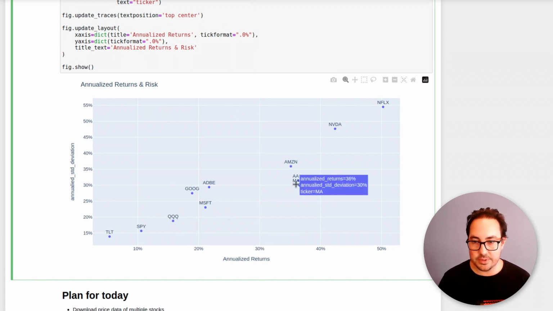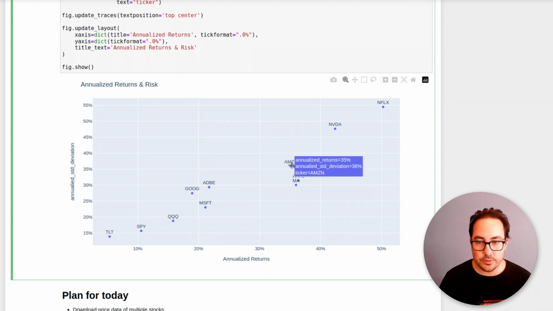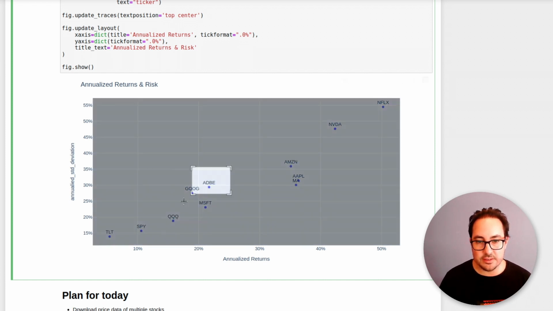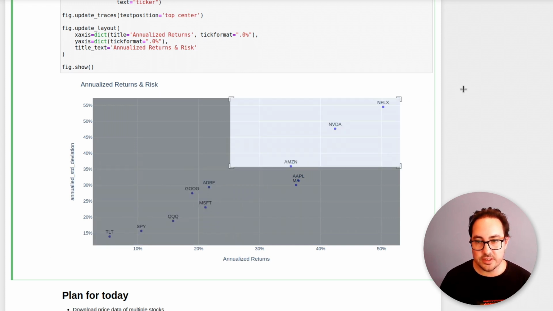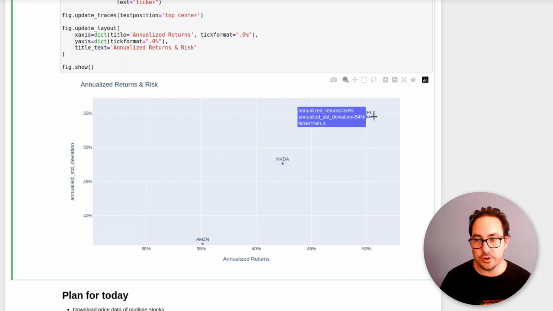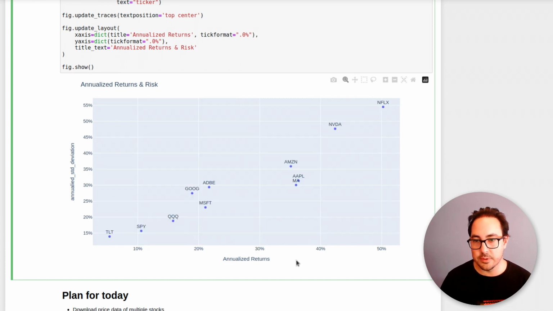But there are some cases where this is 36% return and 30% volatility. Then you have the safer stocks, I guess, this one. And these are the ones that are riskier. So if you go on the right side of this plot, you have higher return and higher volatility. But when you plot a lot more stocks, you get a cloud. And there are some stocks in this area.